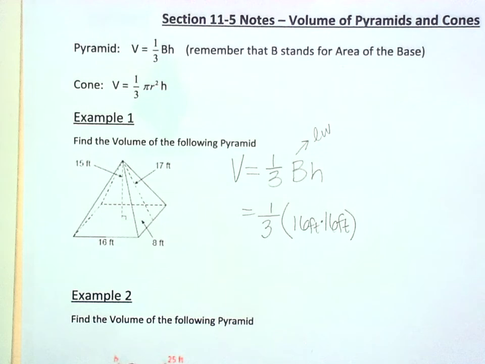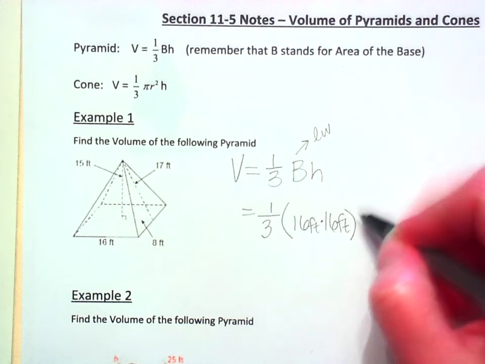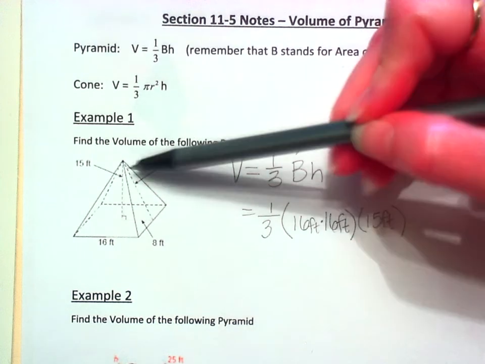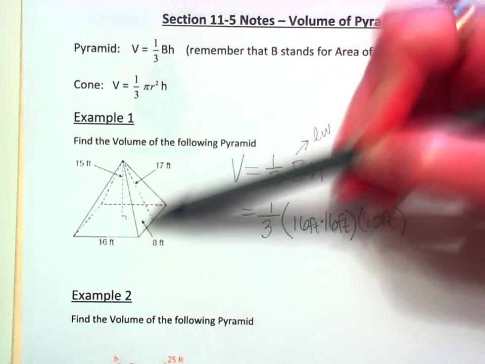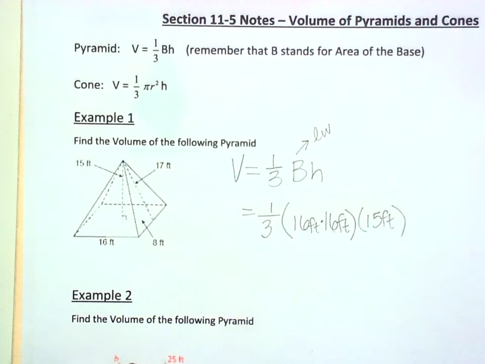Then the height of the pyramid is this right here, 15. This over here is called a slant height because it is the height of that slanted face. We don't need that for anything, not in this problem anyway.